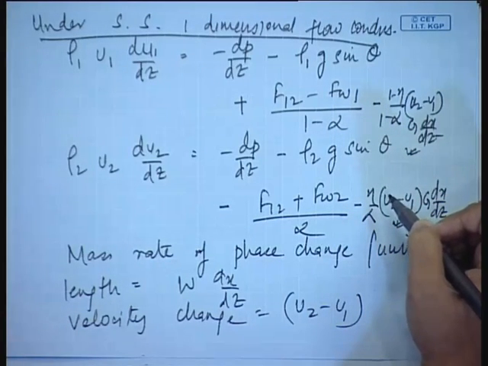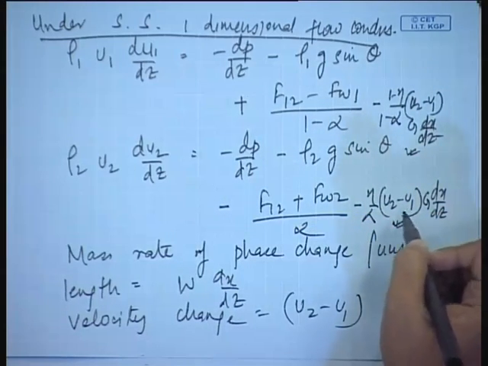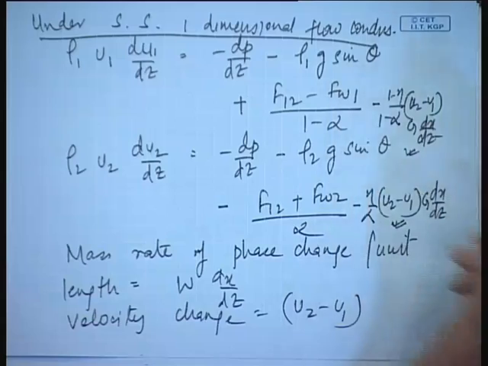But the point is, it usually tends to offer a resistance. Therefore, just like resistive forces, we have put a minus sign. This is the only reason, there is nothing else.